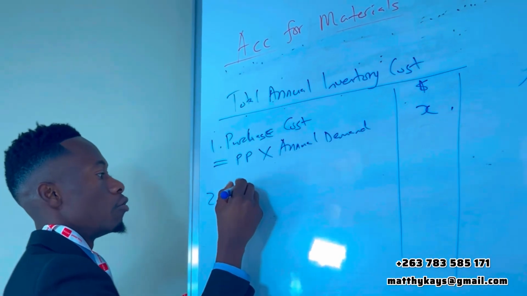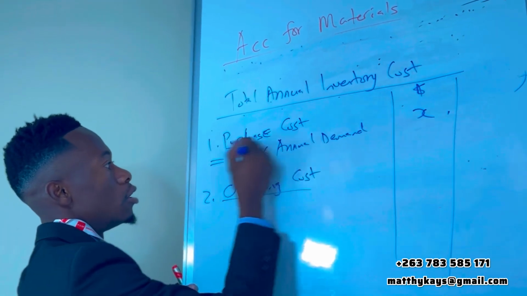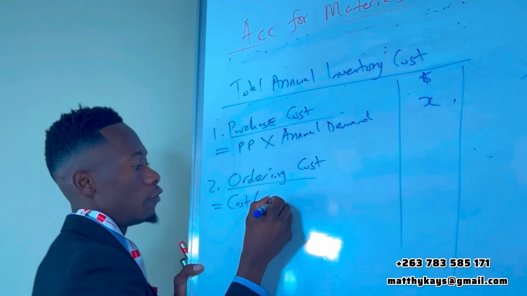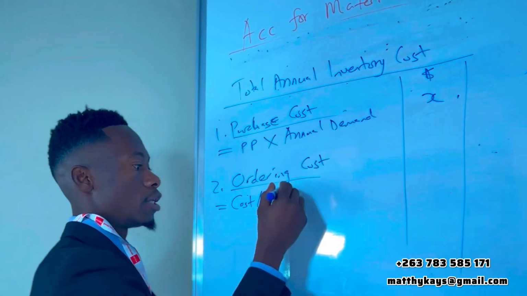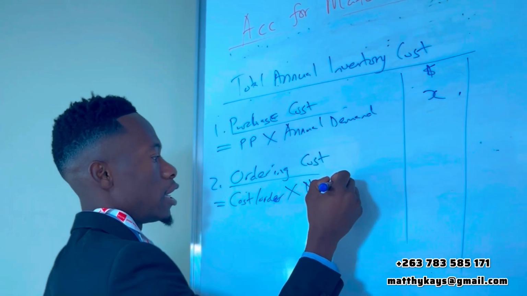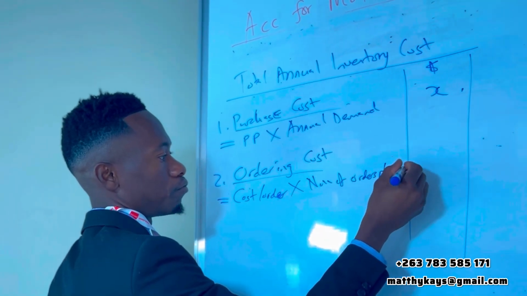Number 2, we have the ordering costs. Ordering costs here, we'll say, what is the cost per order? If you place an order to the suppliers, what is the cost? If you want to know the total, common sense here, you multiply with the number of orders placed.